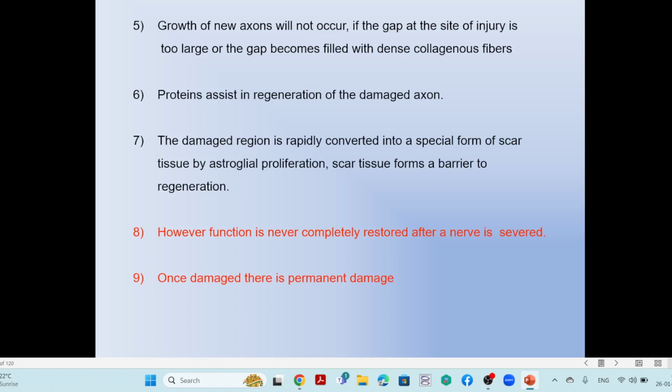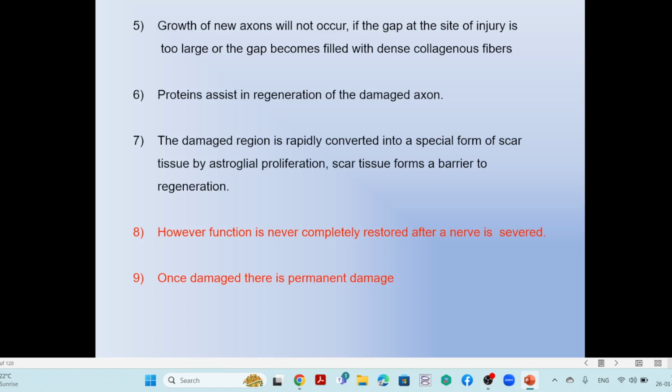Then once damaged, there is permanent damage. Remember, once the neuron, especially the cell body, is damaged, it is almost permanent. There are no chances of regeneration, no chances of new cell formation.